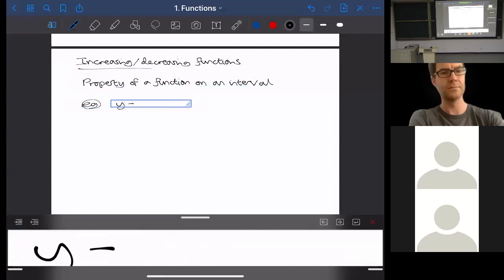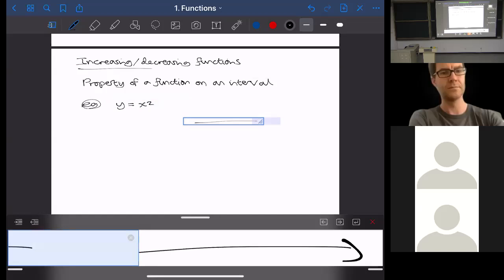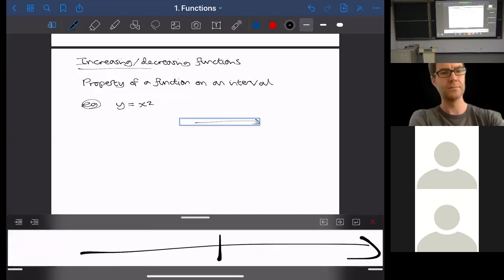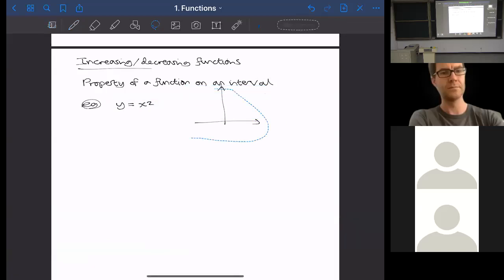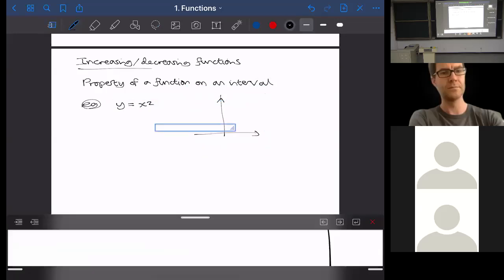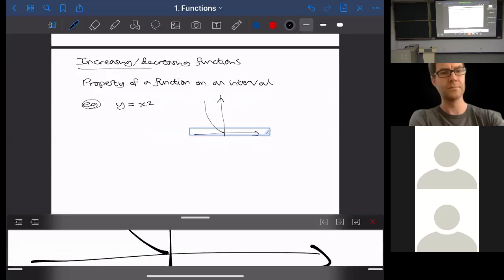If I take the function y equals x squared, and draw the graph, the graph is this.